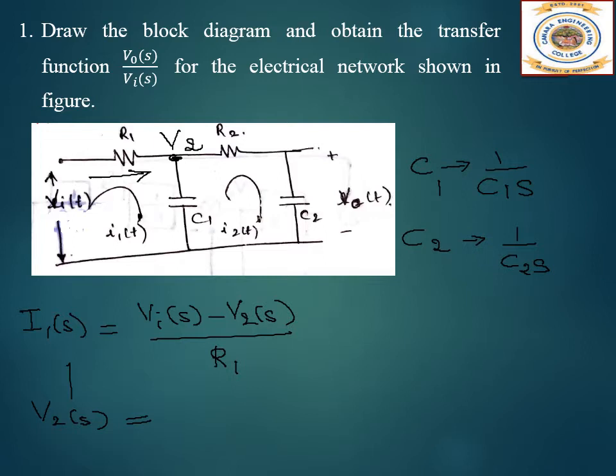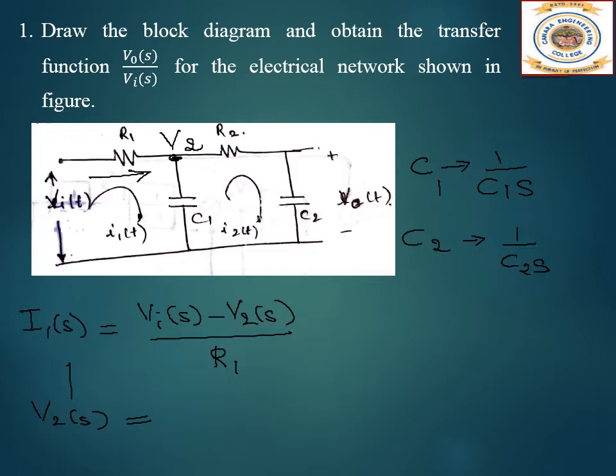In this capacitor C1, we have currents I1 and I2 flowing. So V2 will be 1 by C1S into I1 minus I2.